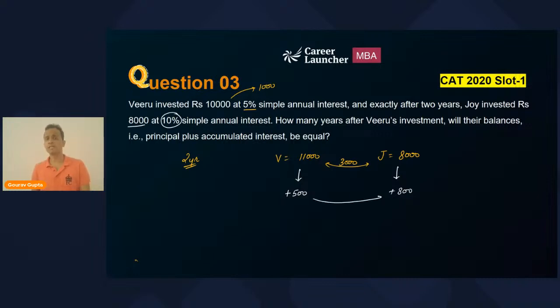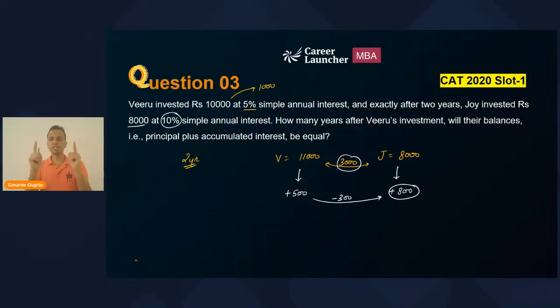Since the increase in Joy's money is more as compared to Viru's money, what is the gap? 300. So can I say that this difference of 3000, when Viru's money was more than Joy's money, will keep reducing by 300 rupees year on year.